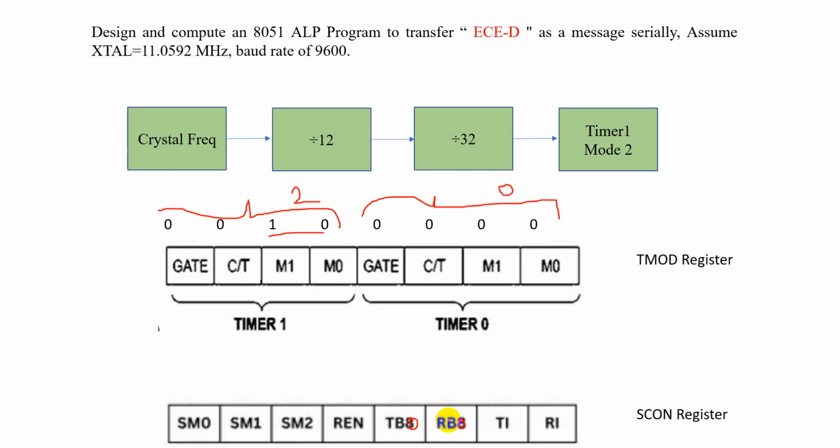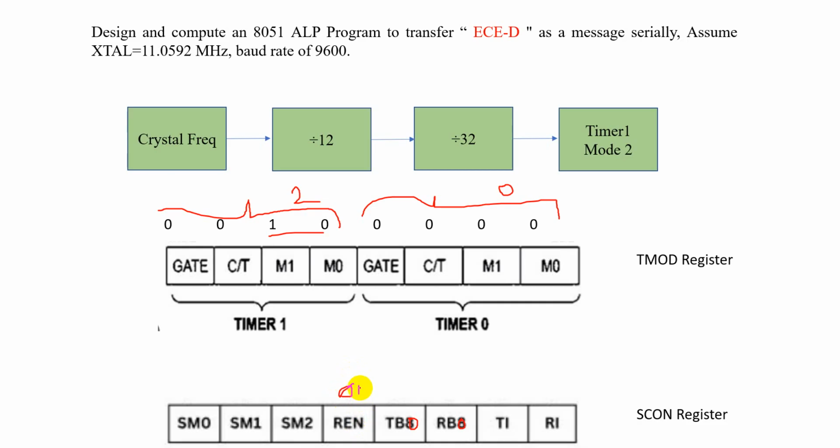If you are adding the parity bit during transmission, TB8 will be set as 1. During receiving, if you are receiving the data along with the parity bit, RB8 will be set as 1. If you are transmitting, the receiver bit you can make 0; if you are receiving data in serial communication, you can make it 1.